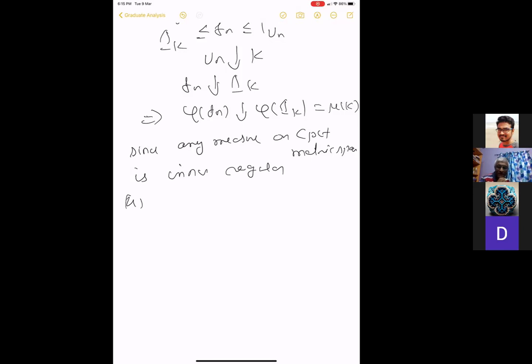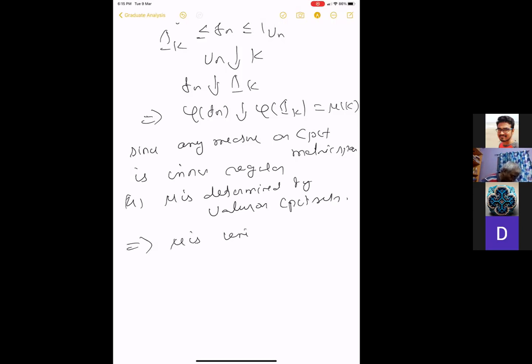So in fact the measure is determined by its values on the compact sets. That is, mu is determined by values on compact sets. So this implies mu is unique. Mu is uniquely determined by phi.